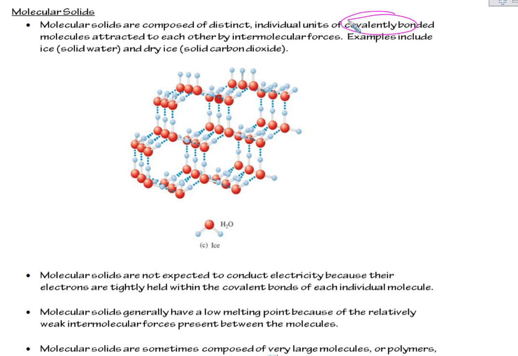They're attracted to each other by intermolecular forces. So a little different than the ionics, where the ionics are just these repeating positively and negatively charged ions. So here we're going to have covalent compounds. Examples they're giving me are water, ice, dry ice, carbon dioxide, usually non-metals, since we're talking covalent compounds.